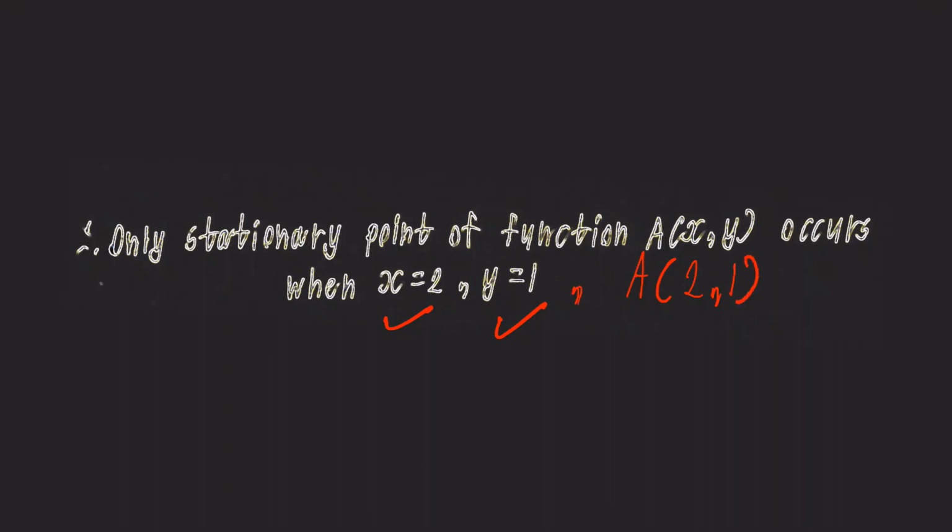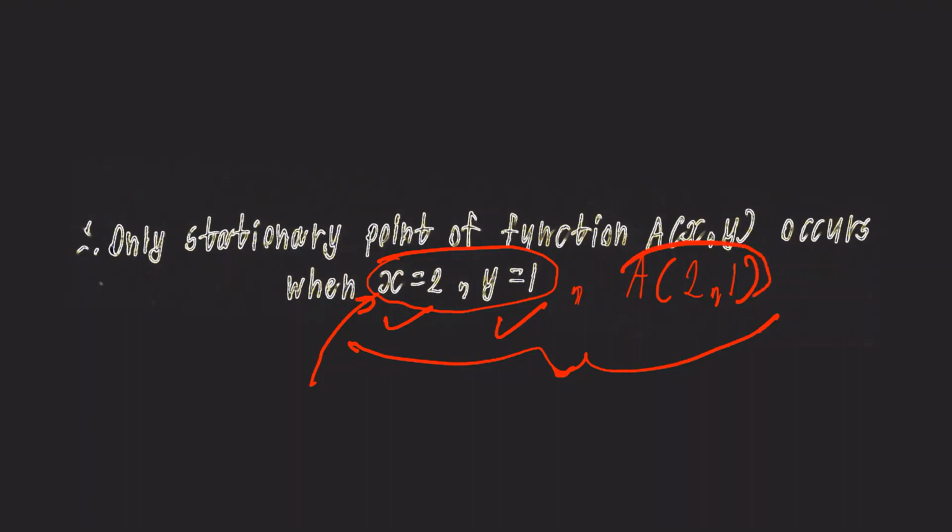We need all these three things to define the actual point in the coordinate system, because it's a 3D plot. But the stationary point occurs when the independent variables are these two. So this is where it occurs, but for the actual point, we need all these three pieces of information to identify that.